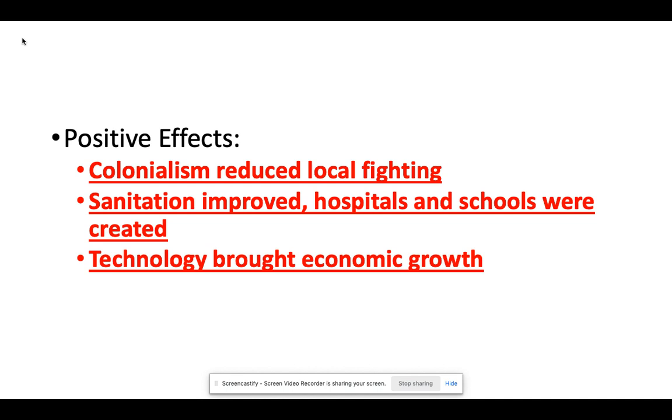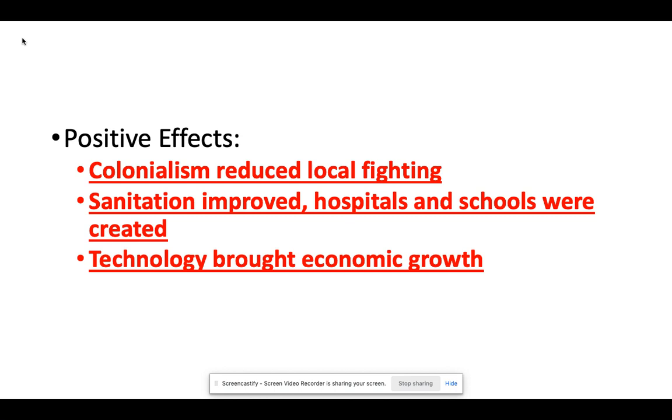Technology is going to be brought in for economic growth, but this technology can be positive and it can be negative, because when we see these improvements, it's not necessarily there to improve the lives of the indigenous people. It's to make sure that the Europeans or the Westerners who are moving to these areas have these items there to continue on with their lives.